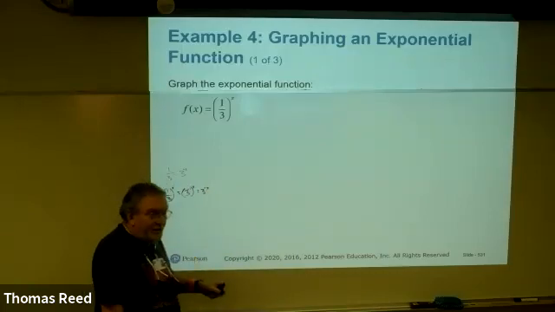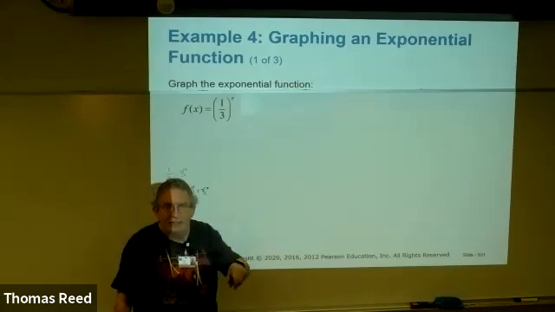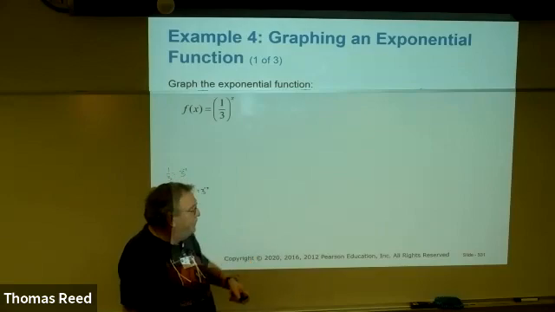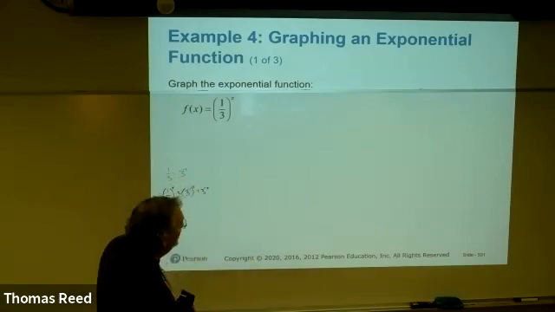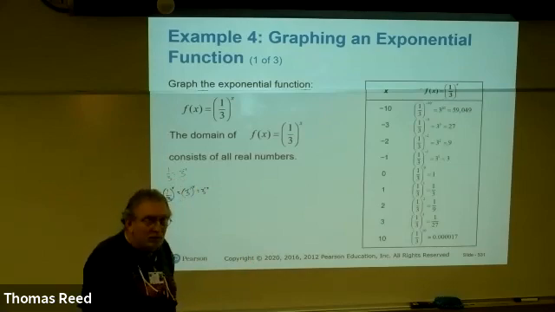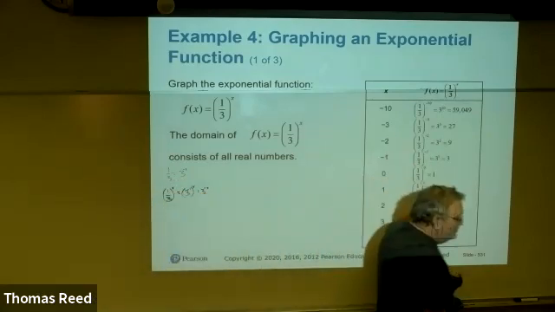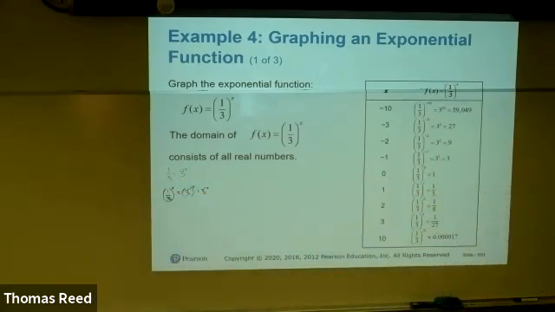So I can do a transformation on the 3 to the x function. Or I could do this. I do a table. And I use the same values for x that we used on 3 to the x.